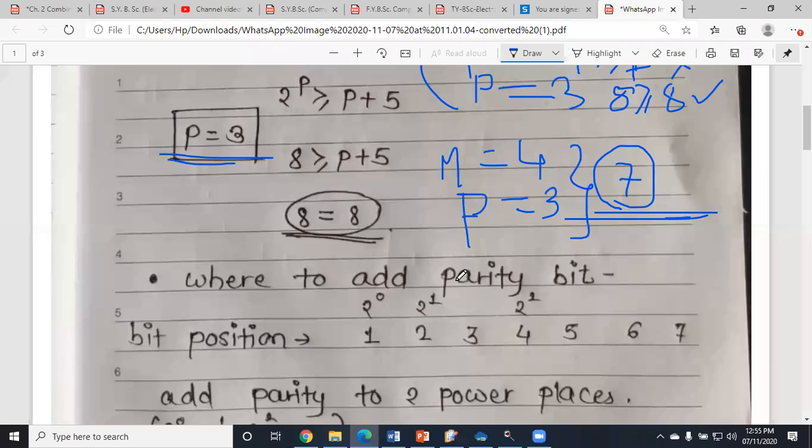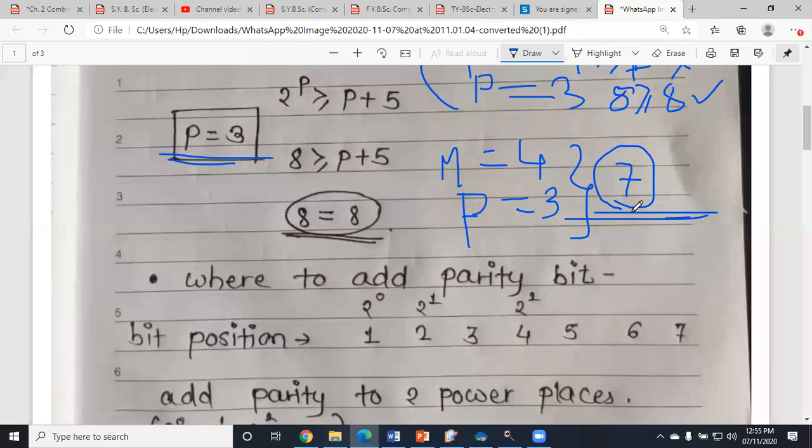Now see here, where to add parity bits is your next and most important point. Once you know the position of parity bits, it will be easy to calculate, right? Now see, this is your bit position. What is the bit position? 1, 2, 3, 4, 5, 6, 7. Why do I write 7 only?